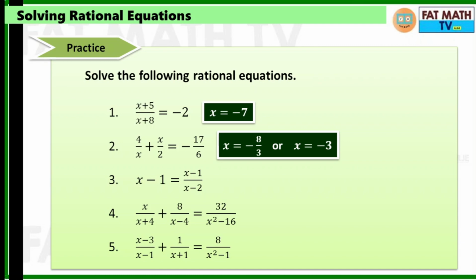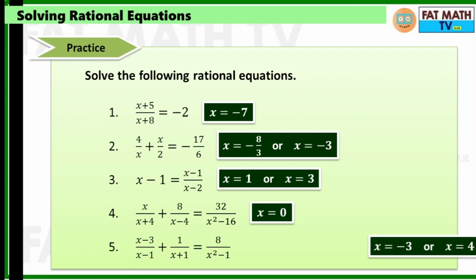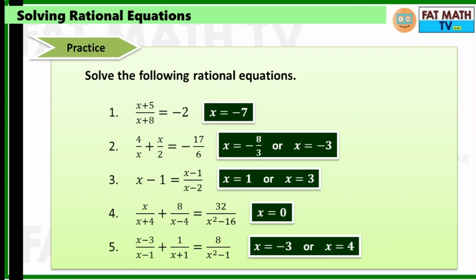Number 4, there's only one solution, that is x equals 0, because the other solution is an extraneous root. And number 5, x equals negative 3 or x equals positive 4. If you want to check the solutions or the process, here are the processes for the practice items.